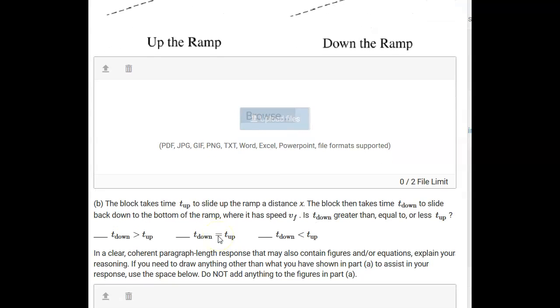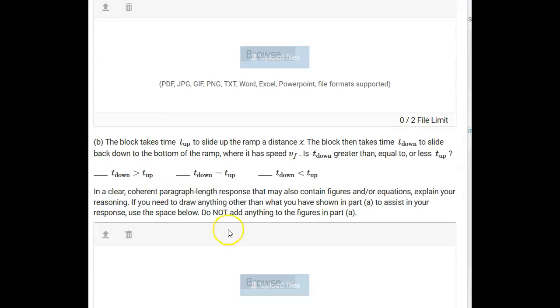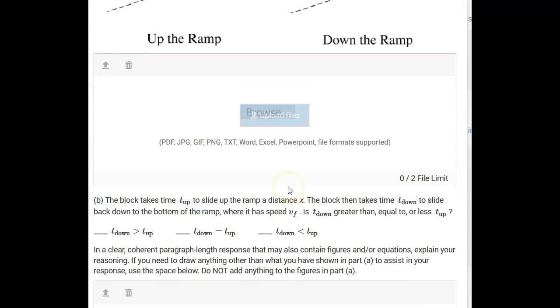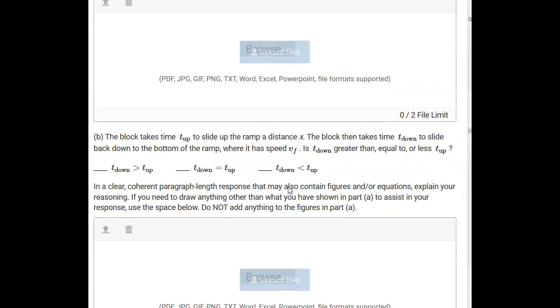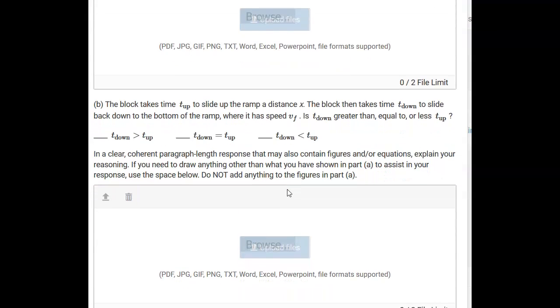So, since the acceleration is dependent on the net force, that means that when we are on our way up, we have a greater net force and a greater acceleration than when we are on our way down.